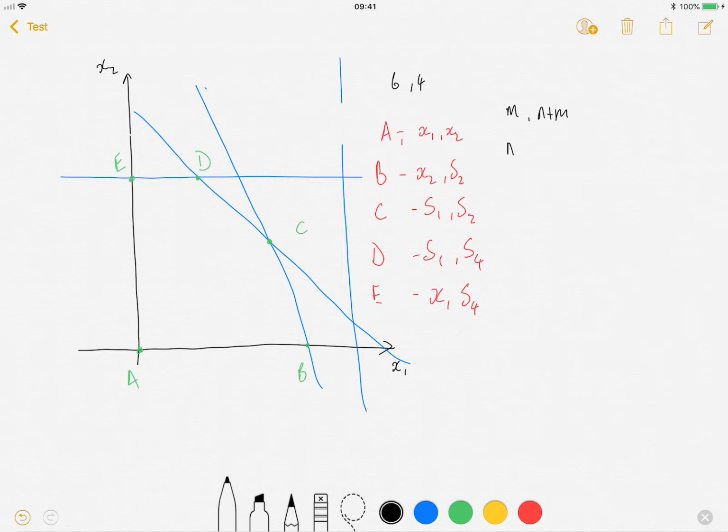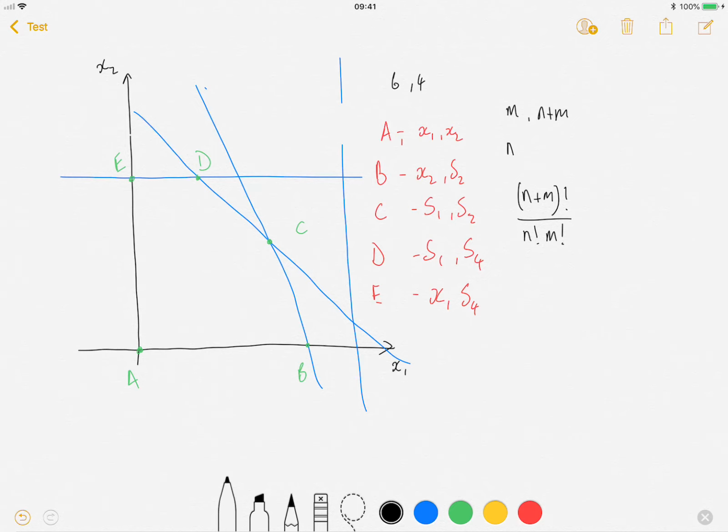But just to give you an idea, if we have n plus m variables, with n non-basic and m basic variables, then the total number of simultaneous equations required is equal to (n plus m) factorial divided by n factorial times m factorial.